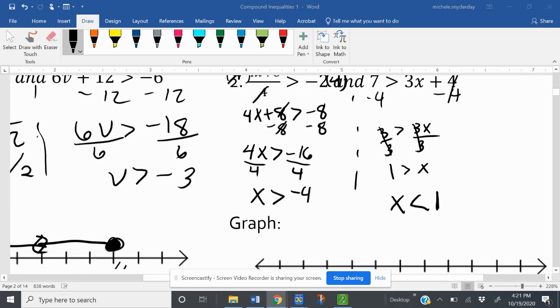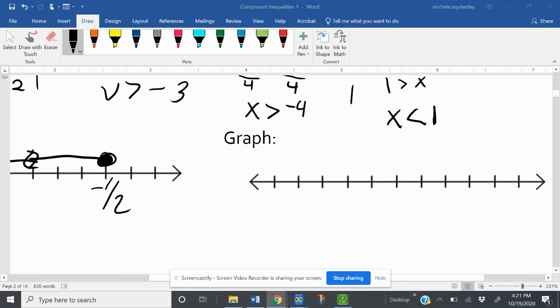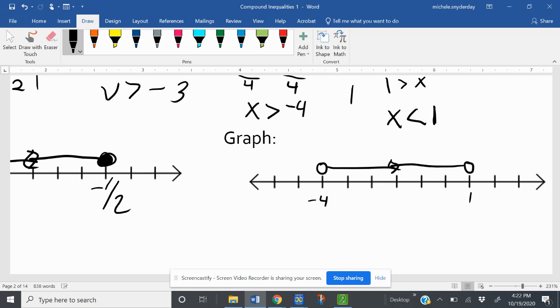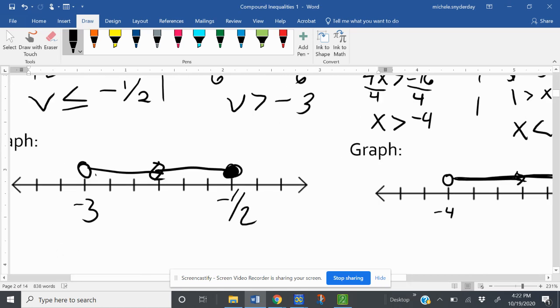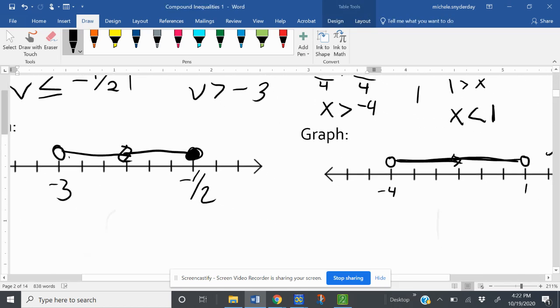The two most important numbers we need are negative 4 and a positive 1. x is greater than negative 4 is an open dot going towards positive numbers, and x is less than 1 is also an open dot, but this time going towards the negative numbers. You can see that it intersects between the two dots, and that is the way most inequalities are graphed.